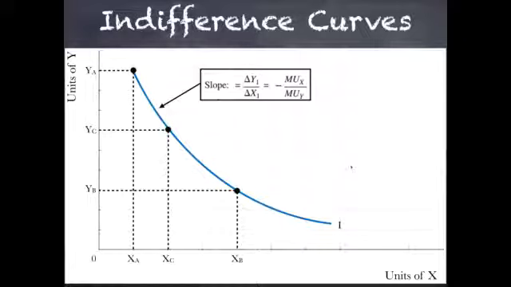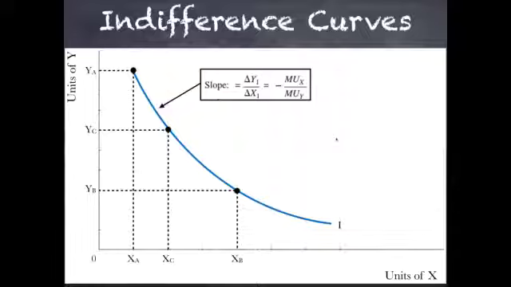So make sure that you remember that if points are on the same indifference curve, the combinations of goods that are represented by those points all yield the same level of utility. That's why they're on the same indifference curve. So this indifference curve might represent 40 units of utility. So combination B, combination C, and combination A all yield the same level of utility.